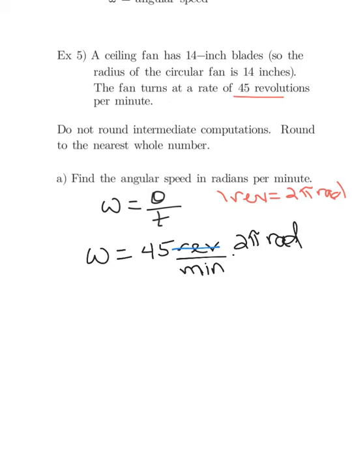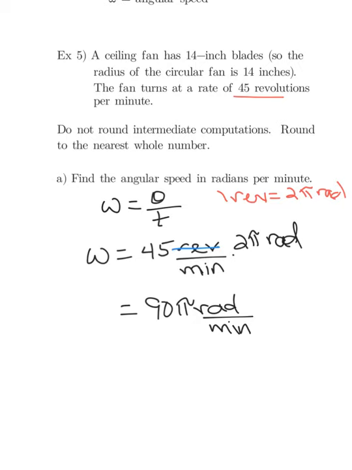So what we now have is 90 pi radians per minute. So that is our angular speed. We are in how many radians per unit of time. Your instructions in ALEKS say to round your answer to the nearest whole number.